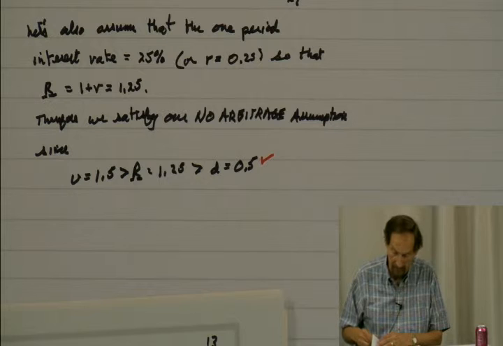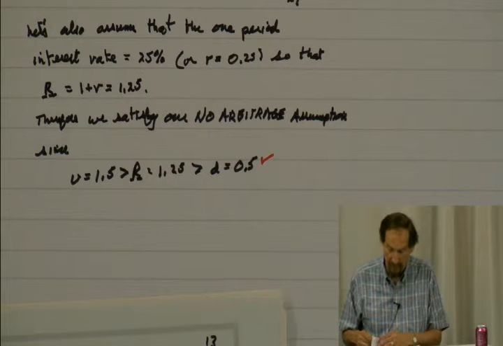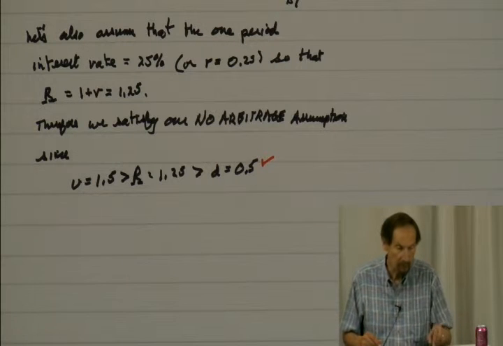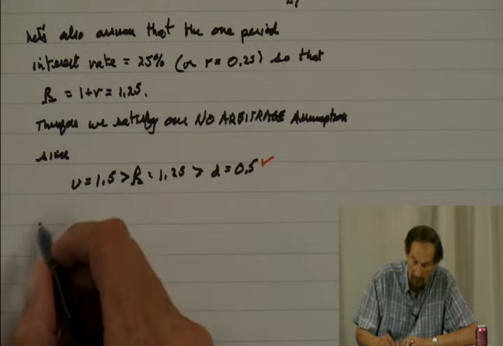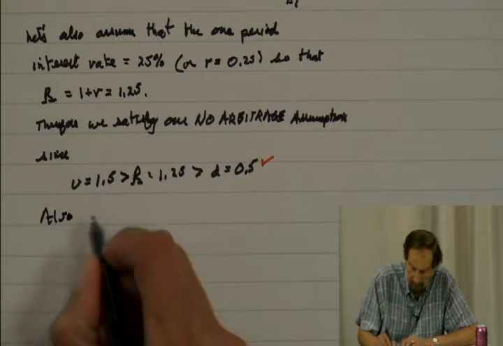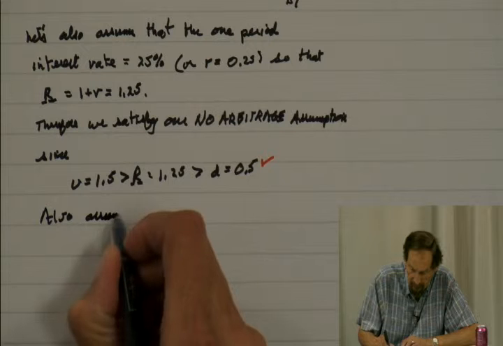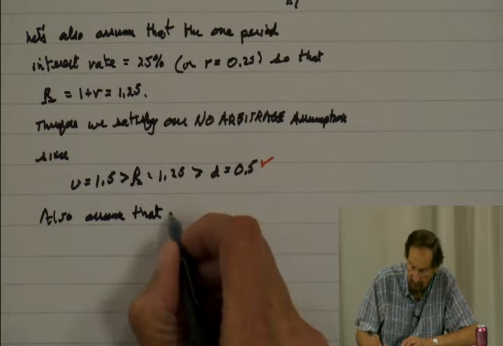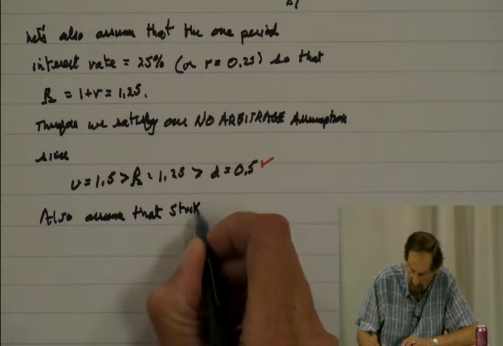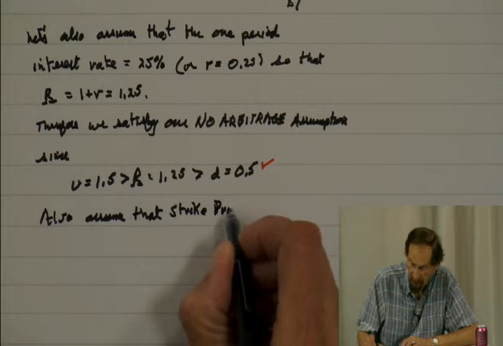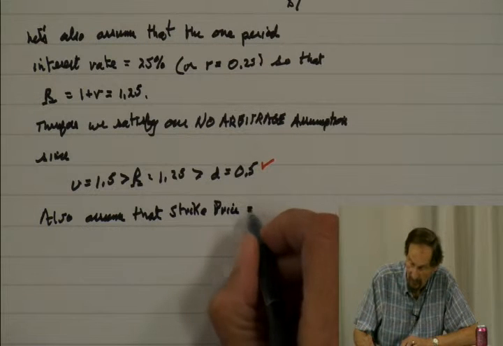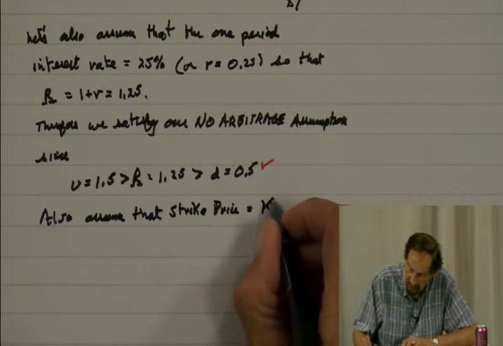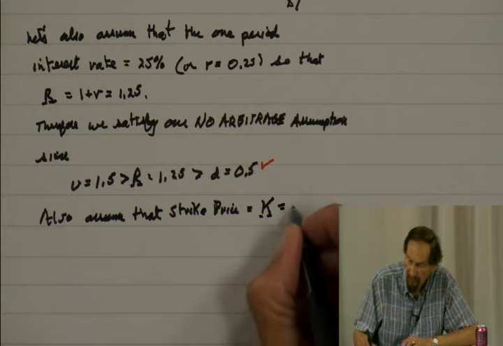Now, let's see what we can get here. Let's look at what is the call option. Okay. Let's also assume that the strike price equals K equals $50.